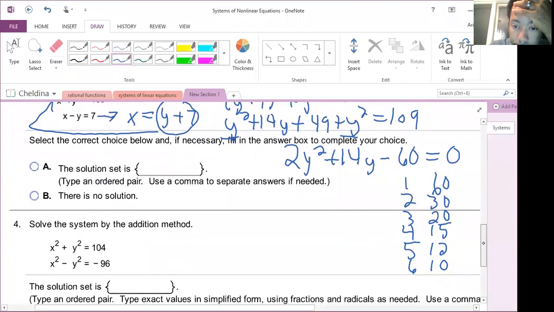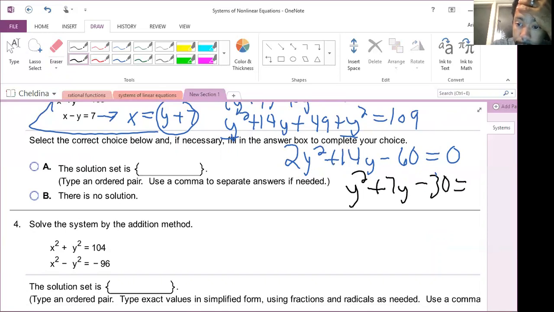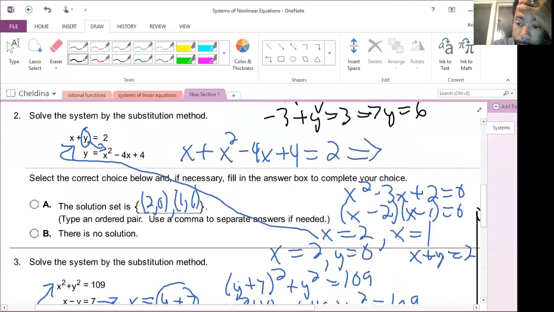There's the error. So then we divide everything by 2 first. Divide everything by 2, you get y squared plus 7y minus 30 is equal to 0. And then it becomes obvious that it's y plus 10 times y minus 3 is equal to 0.